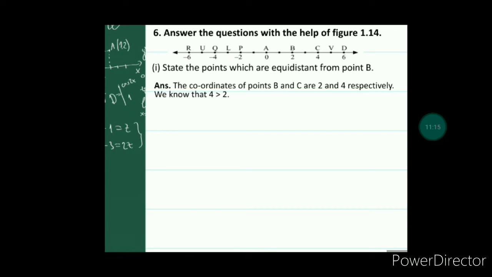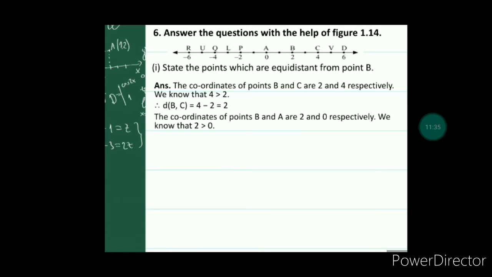The coordinates of points B and C are 2 and 4 respectively. We know that 4 is greater than 2. Therefore, distance BC equals 4 minus 2, which is 2.